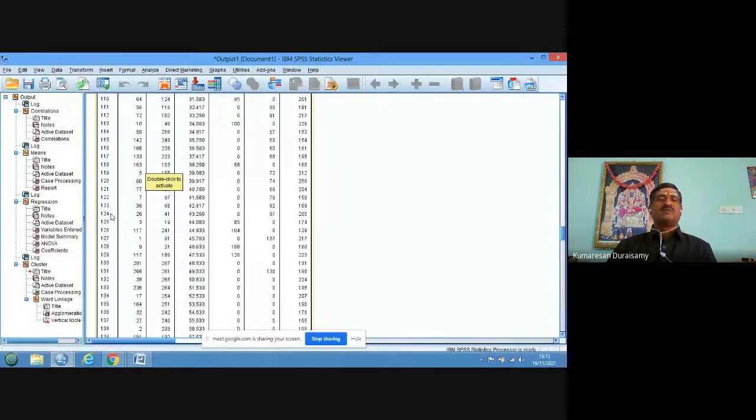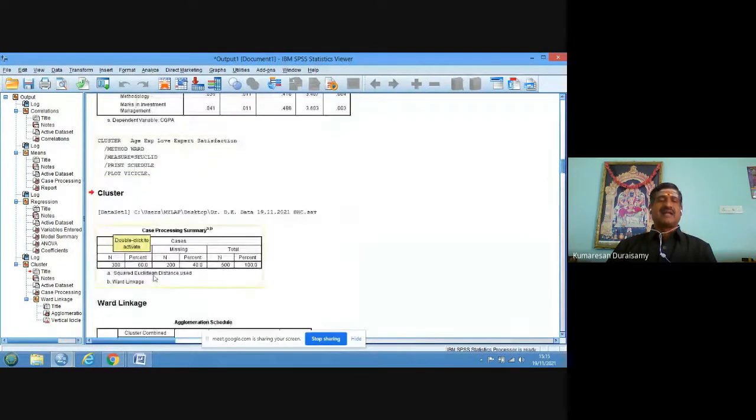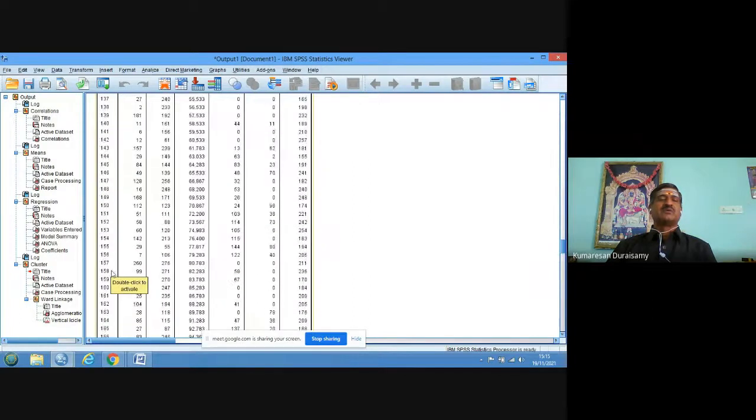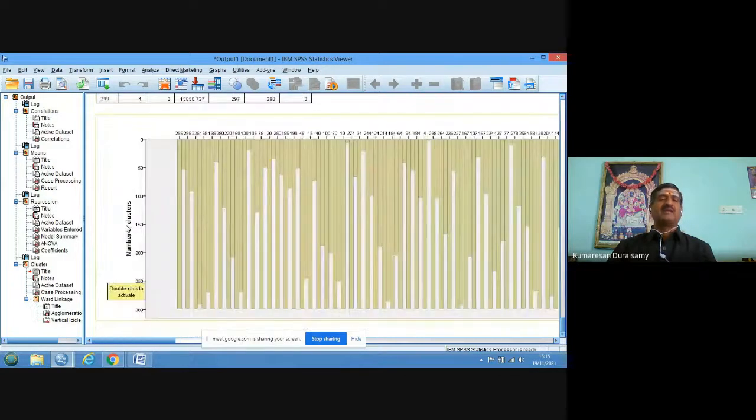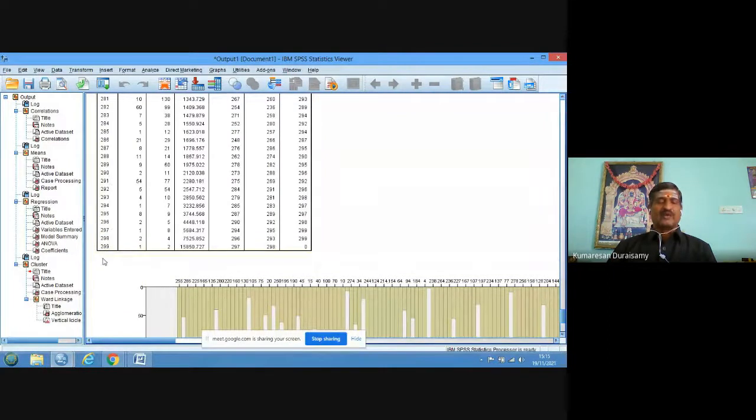We have taken 300 samples. So the number of stages will be number of samples minus 1, n minus 1. Number of samples 300, so number of stages will be 299.